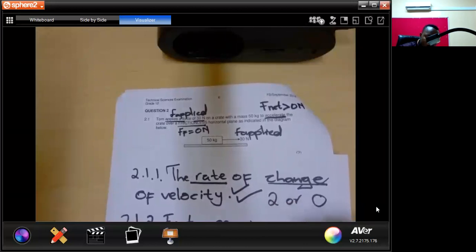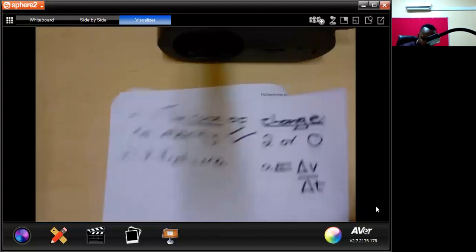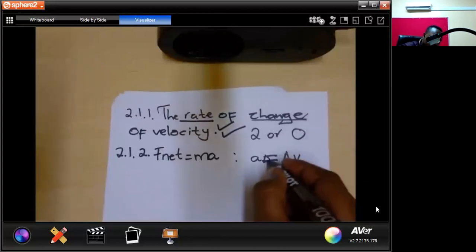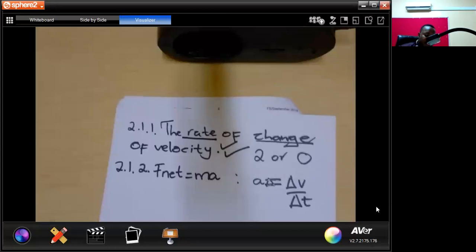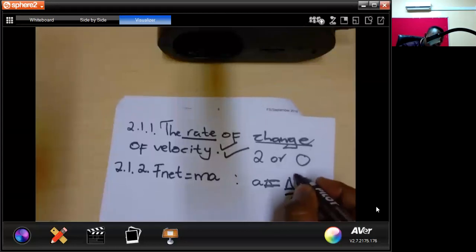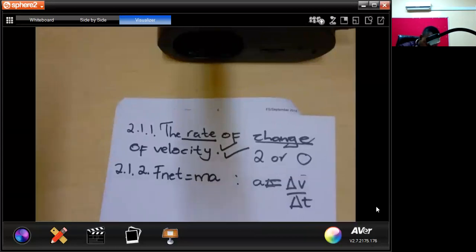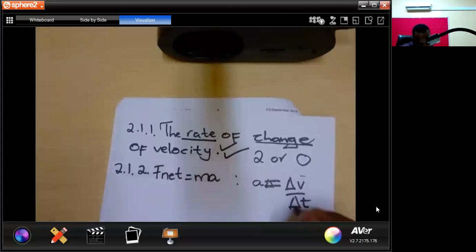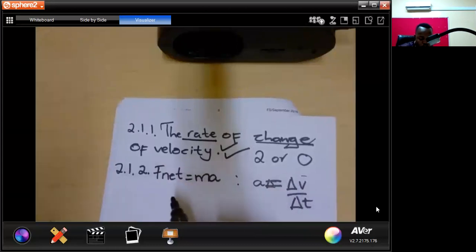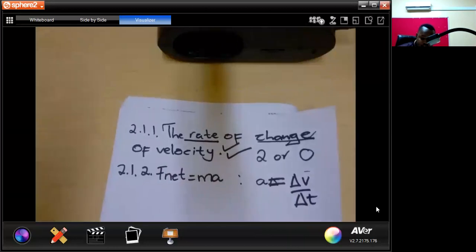Acceleration is equal to delta V divided by delta T. Now, if we wanted to use this formula, it means we must know the final velocity of the object and the initial velocity of the object. And we must know the time it took for that velocity of the object to change, right?